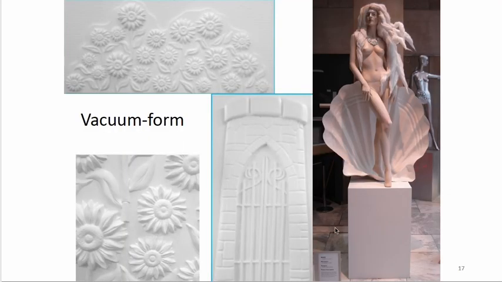Vacuum form is also something we need a special facility or special machine for, that almost looks like a Xerox machine, like a really gigantic version of a Xerox machine. And you have a really hot panel.